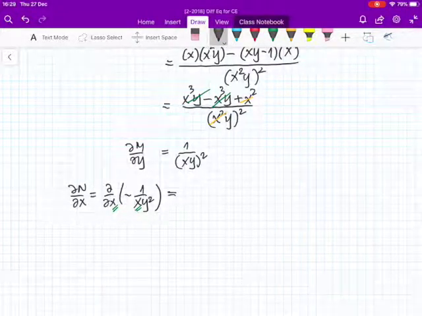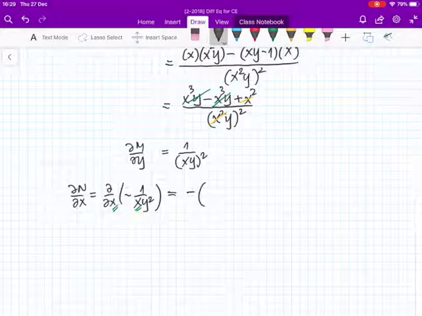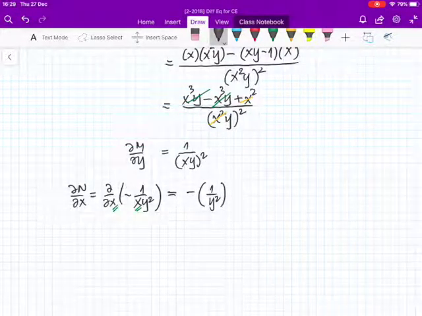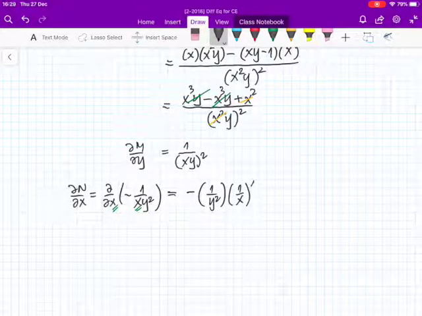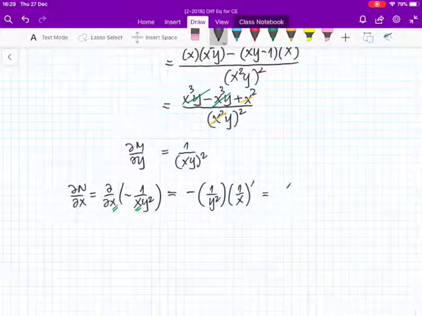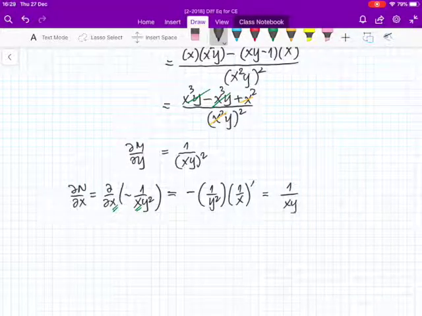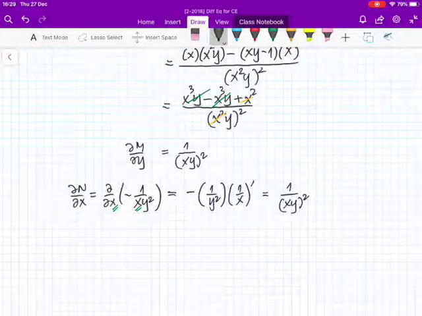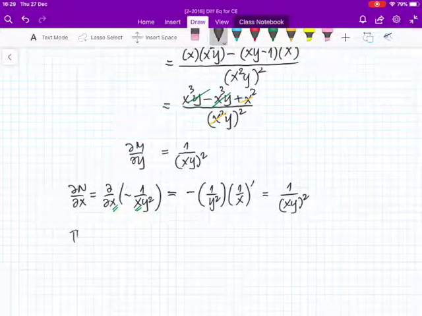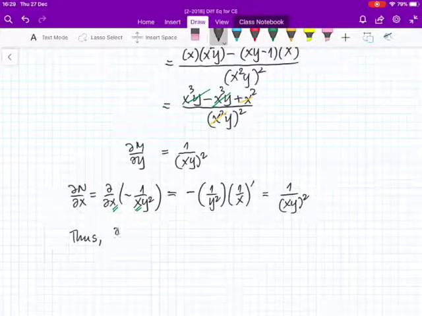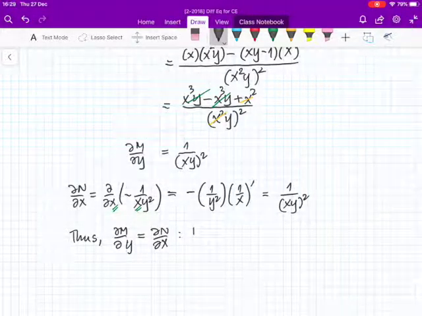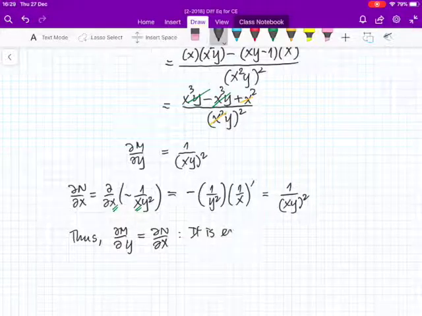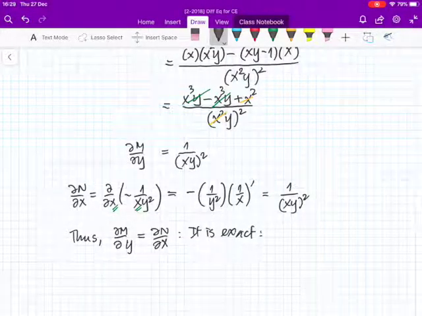So it became 1 over x prime, which is equal to 1 over x power 2. Okay, so we can see that the derivative of M with respect to y is equal to the derivative of N with respect to x. So it is exact. That's it. This is the solution.